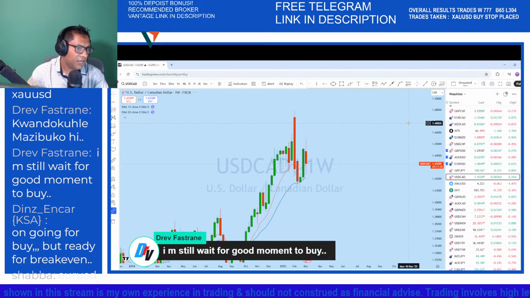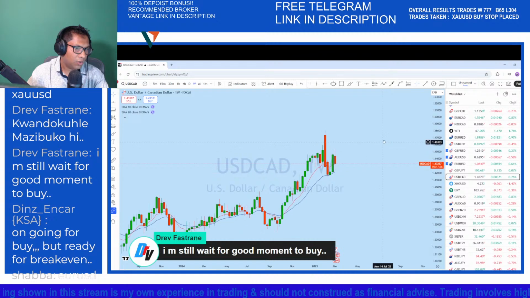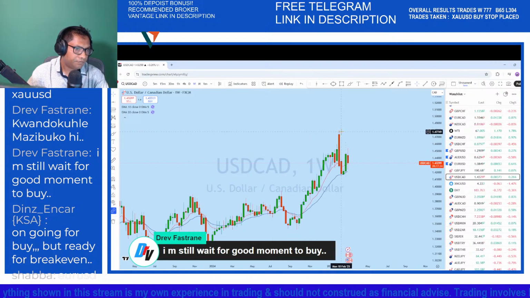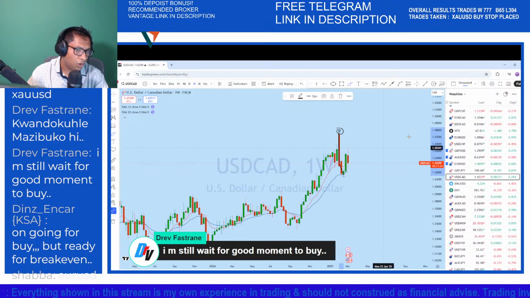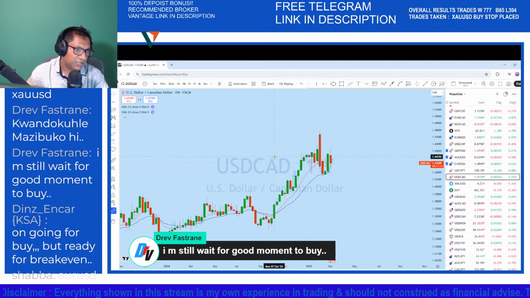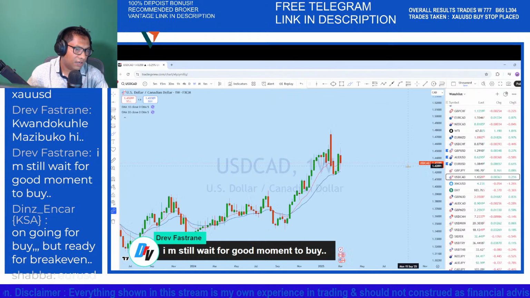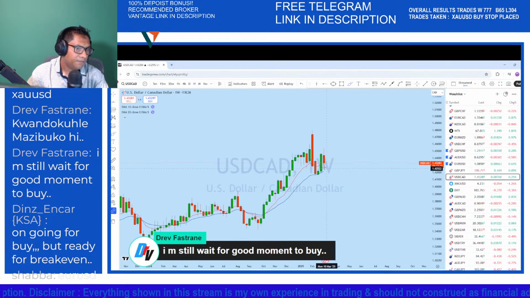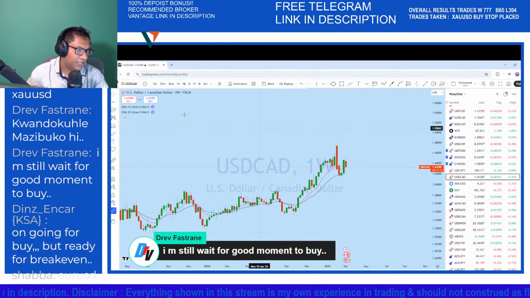If you look at the weekly on dollar CAD, from this level, this is a pretty strong drop, followed by this pullback to the upside. And with this structure formation, we want to see the market get a pullback and then come back again towards the downside here.